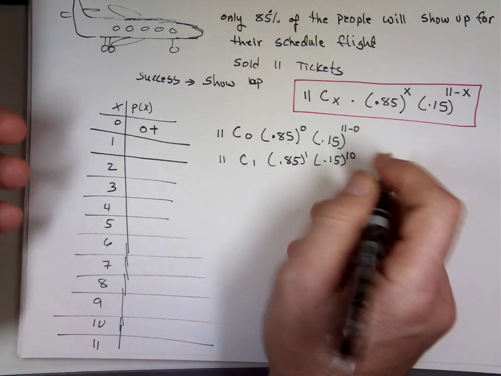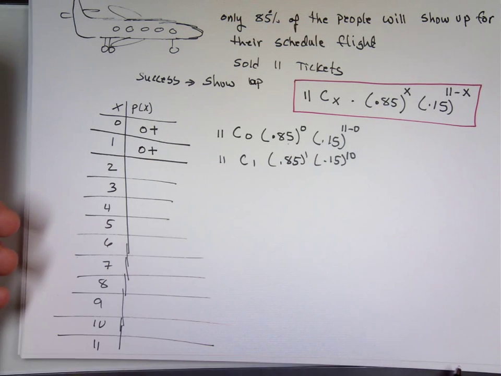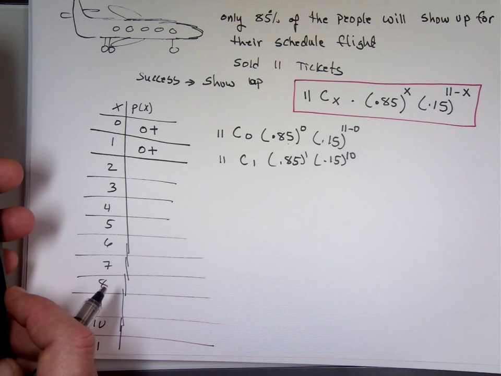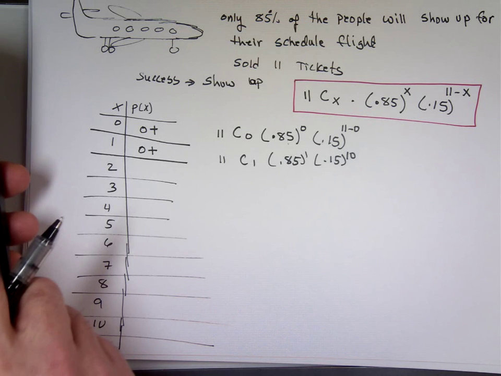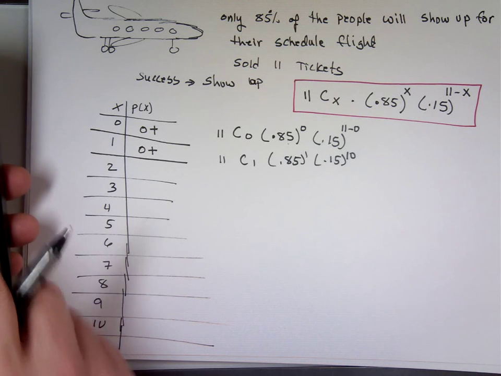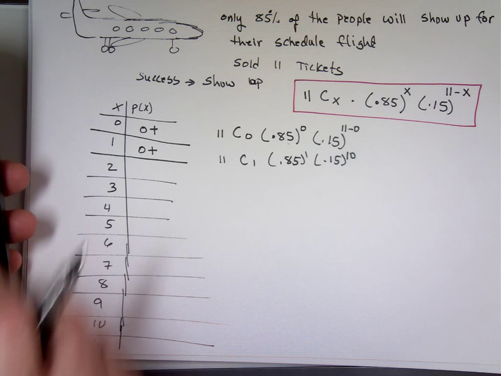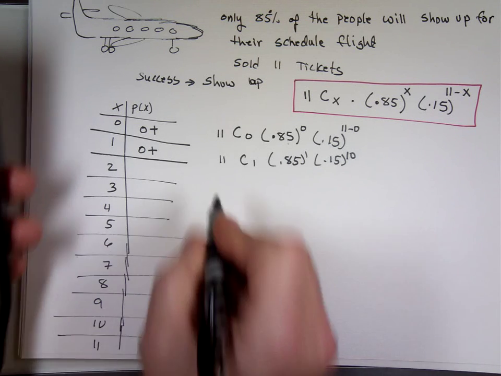And again, that's still 0 plus. The next one, X is 2.